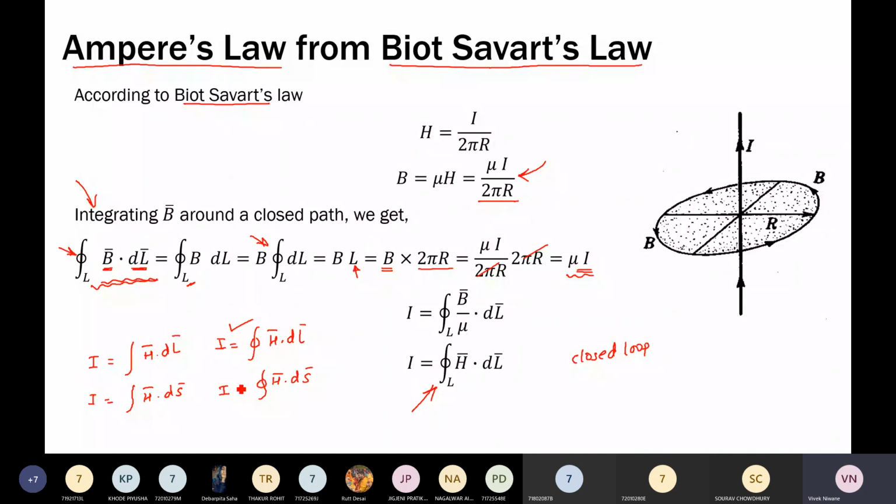Your MCQs will look like this, very confusing. Even the circle on the integral does matter, closed loop.